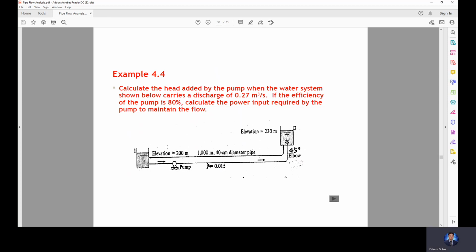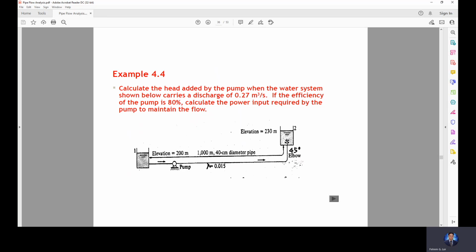So the length of your pipe is 1,000 meters, the diameter is 40 cm, and you have a friction factor of 0.015. There is also a minor loss.